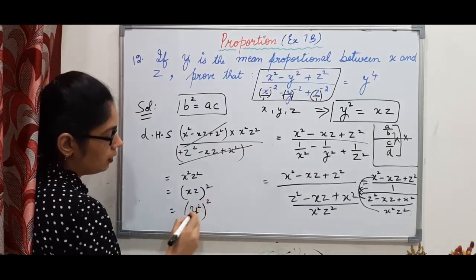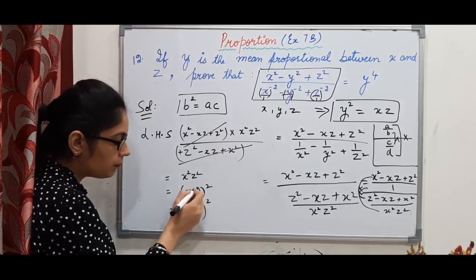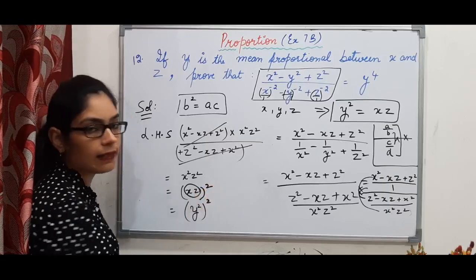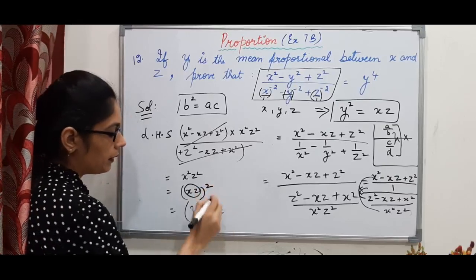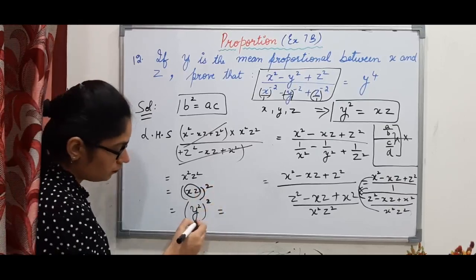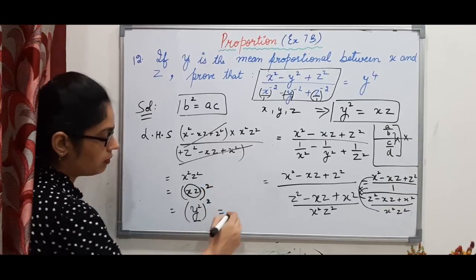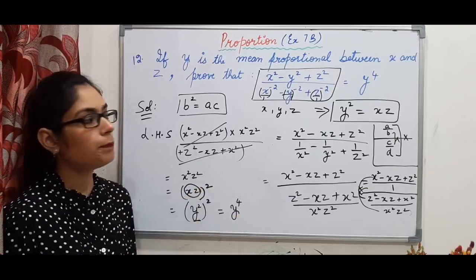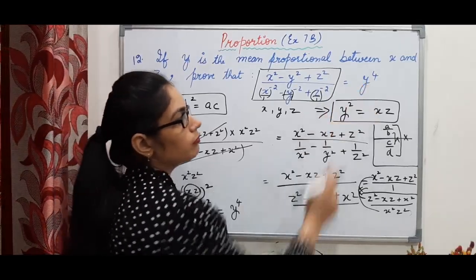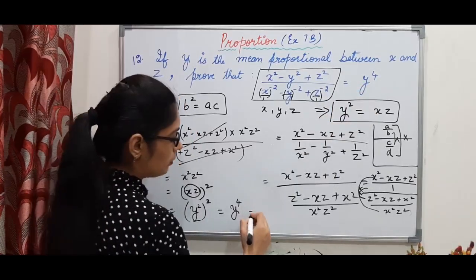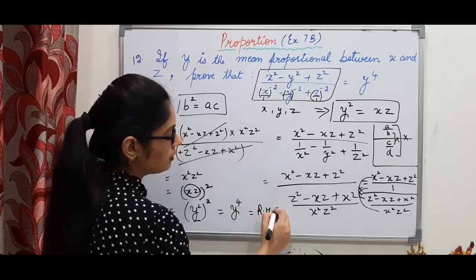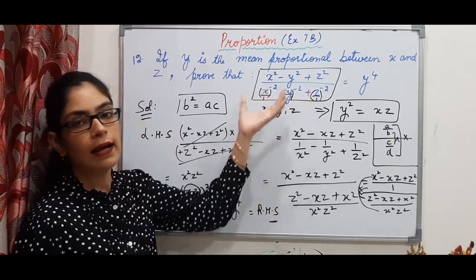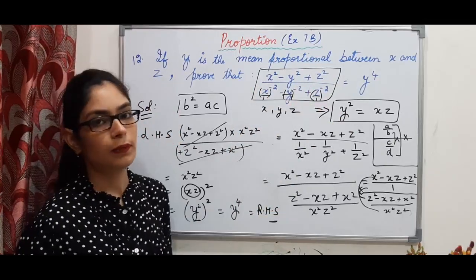So in place of xz I write y square, and this power 2 as it is. When one single number is there and 2 powers are there, the powers will get multiplied. So 2 into 2 is 4, y to the power 4. Here also my right hand side is y to the power 4. So it is equal to my right hand side, hence I have proved both sides equal to each other.